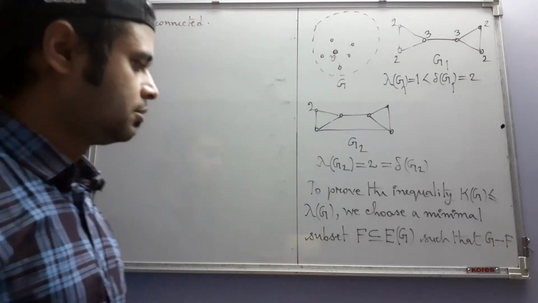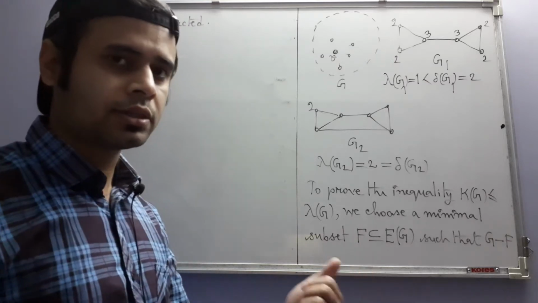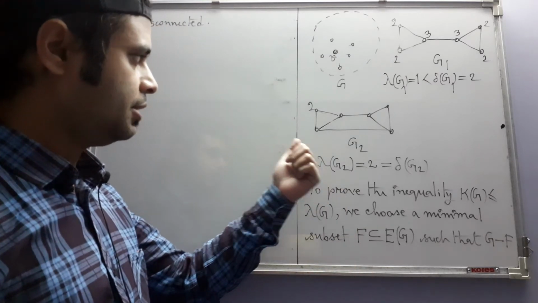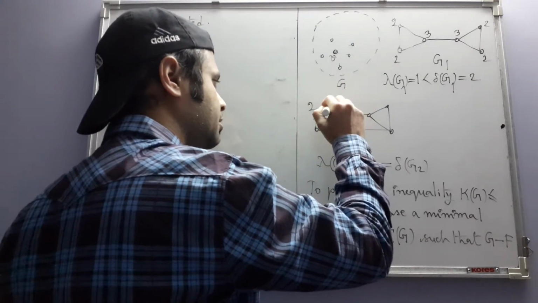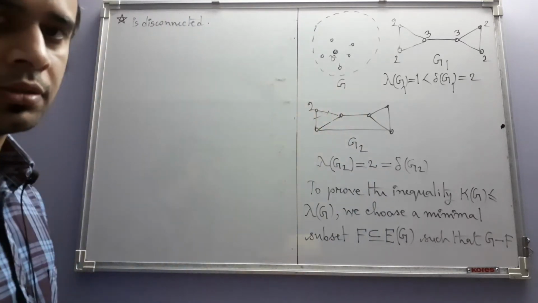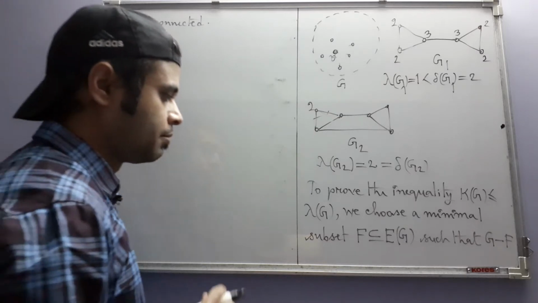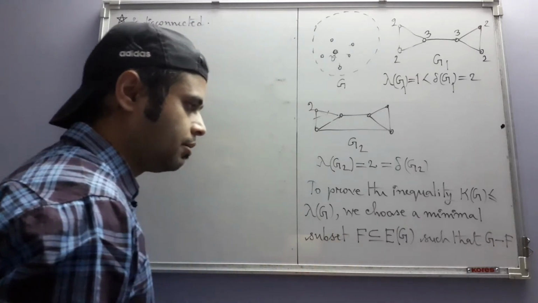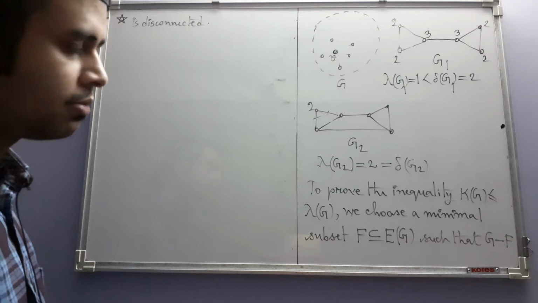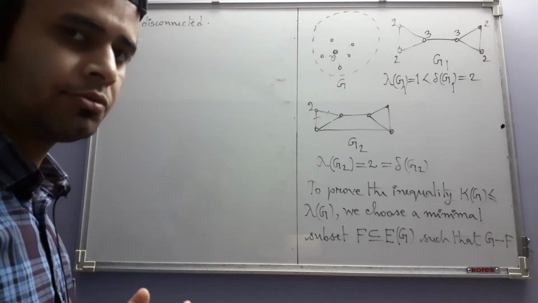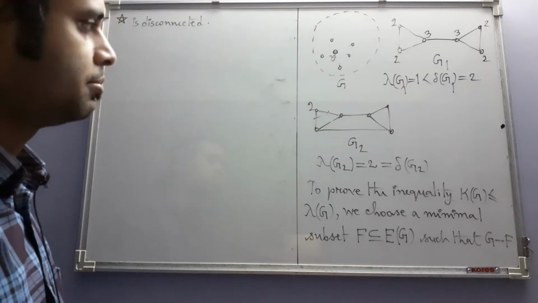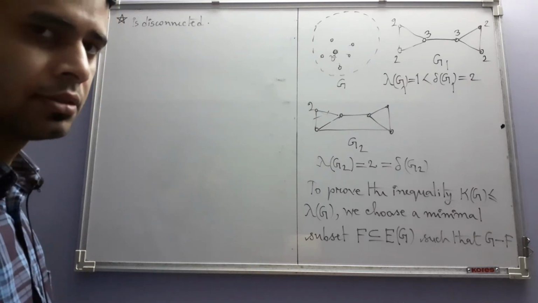So that means this F, for example, is like, for this graph, the set of these two edges. Their removal disconnects the graph and F is minimal in the sense that F has as few edges as possible, maintaining this condition.